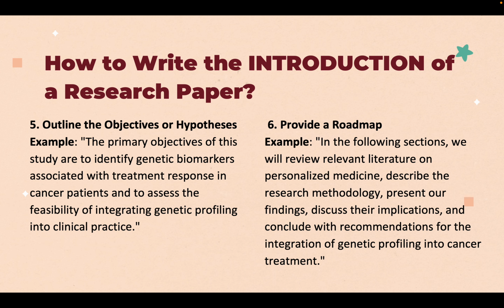Example, the primary objectives of this study are to identify genetic biomarkers associated with treatment response in cancer patients and to assess the feasibility of integrating genetic profiling into clinical practice.